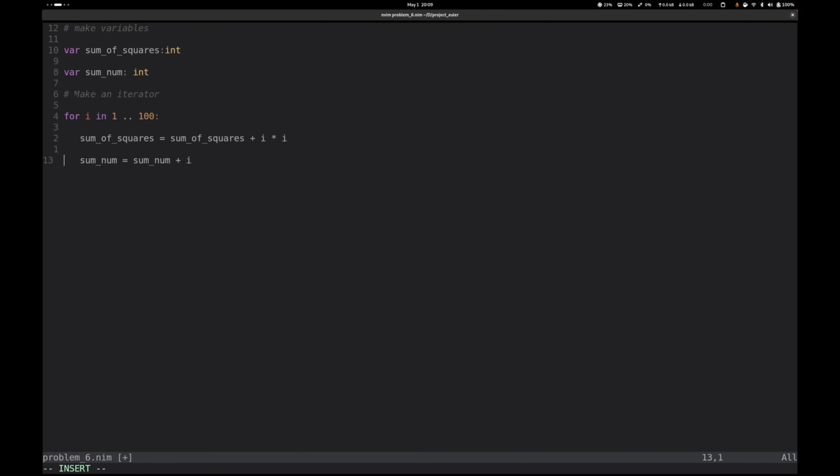And I think we just do var final difference int equals sum num times sum num minus sum of squares. Then echo final difference.